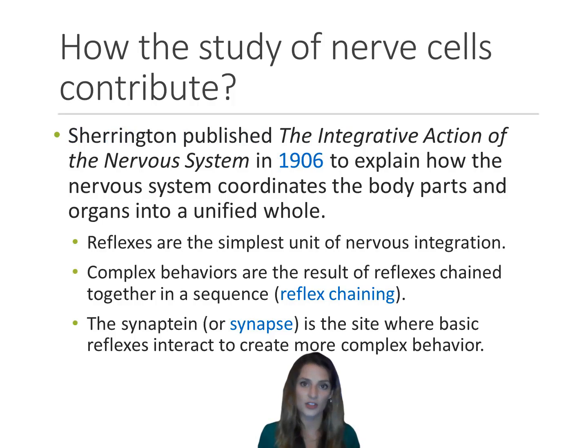Complex behaviors then are the result of these reflexes, these simple behaviors chained together, something he called reflex chaining. The synaptine, as he called it, we call it the synapse today. The synaptine is the site where these basic reflexes interact, join together, chain together to create complex behavior.